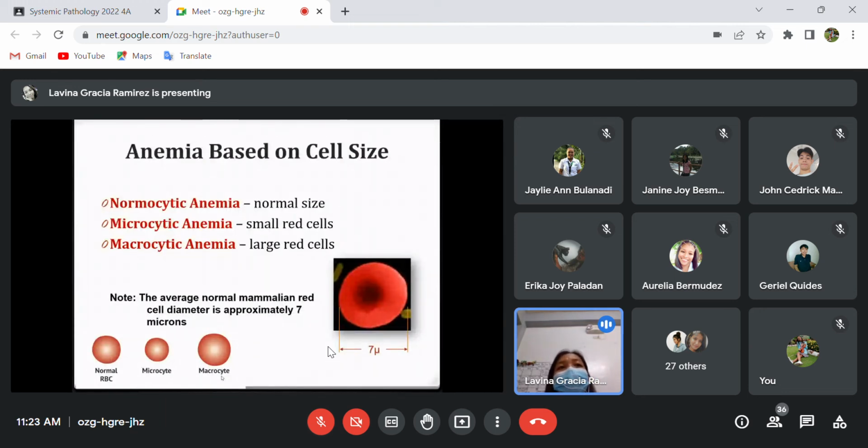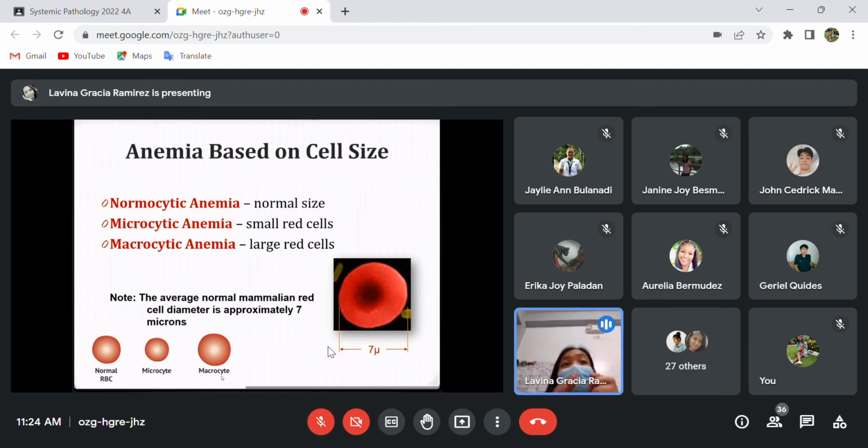So normal size. What happened here is like, for example, this is the counterpart of polycythemia, in which it is relative. In relative polycythemia, the number of RBCs is still the same, but because of dehydration of the plasma, we get increased viscosity of the blood that could reflect as an erythrocytosis. In normocytic anemia, it is still the same RBCs, but because of a large amount of fluid dispersing in one compartment, the RBCs will look like an anemia.